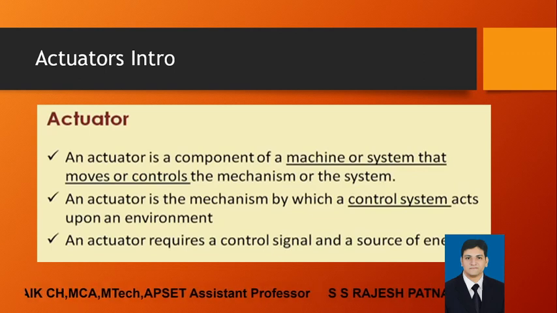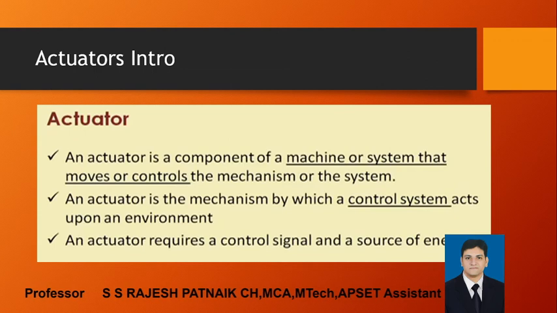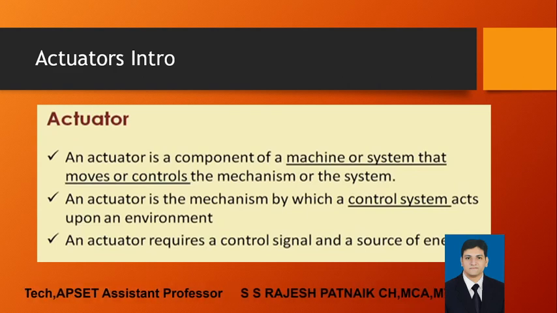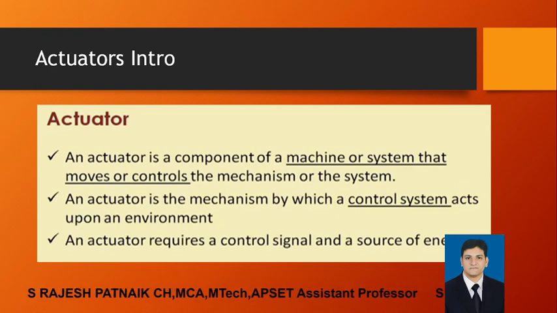Or any other system. If you look at the interior of the car, we already saw that the seat moves automatically, so it is also part of the system. It moves or controls. So an actuator always makes an action based on the sensor only. Please remember that it performs an action based on the sensor data.